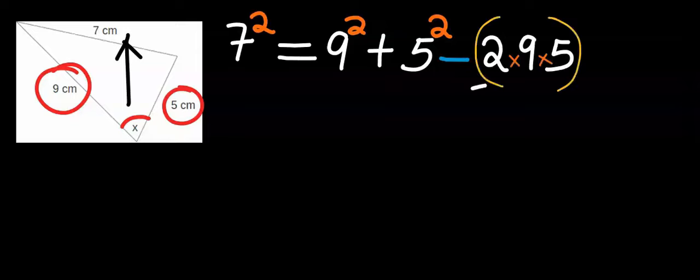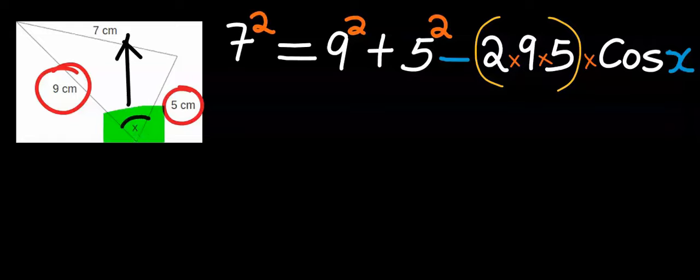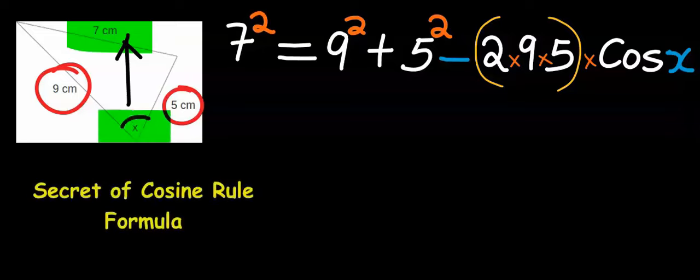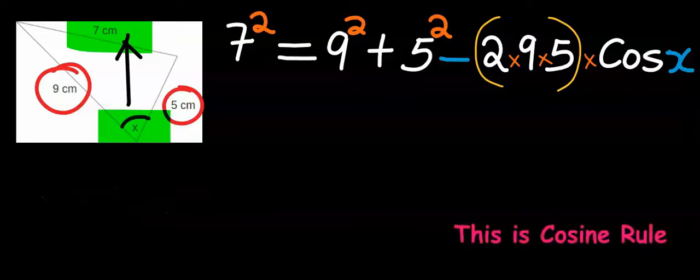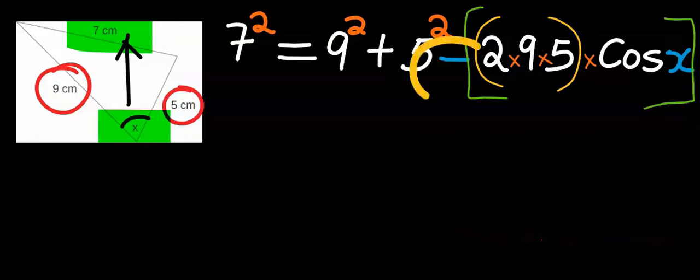Then we're going to have 2 multiply by 9 multiply by 5. Then we're going to multiply this by the cosine of this angle. You see, in cosine rule, we started with this length facing the angle, which is 7, and we ended with the angle itself. This is cosine rule.